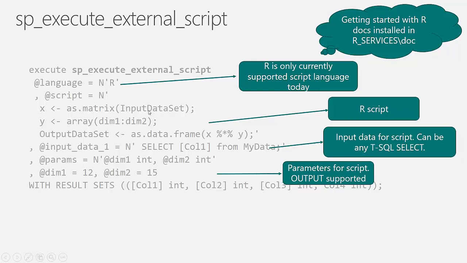The other names like InputDataSet and OutputDataSet are predefined names for your input and output data. But that can be again changed. There are other parameters to change that. It's not shown here. So this is at a very high level how this works, right? And this script actually takes a table from SQL Server, and then it takes a single column, and then it does like a matrix multiplication essentially.